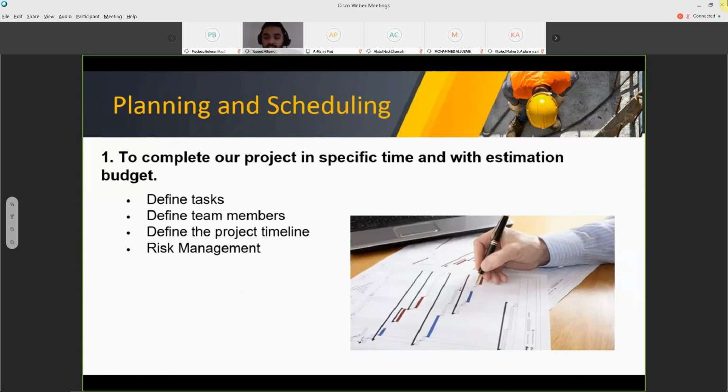And the project is made of many tasks, and each task is given a start and end or due date, and every activity is scheduled in a timeline for tracking and for the construction part. Once the tasks are defined, we will know about the risks and opportunities coming ahead. Next slide, please.